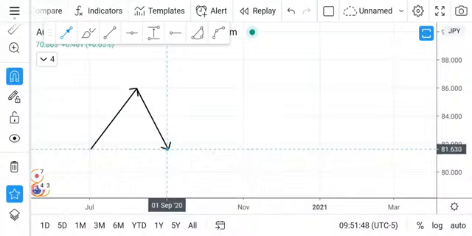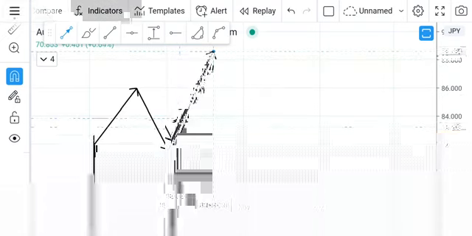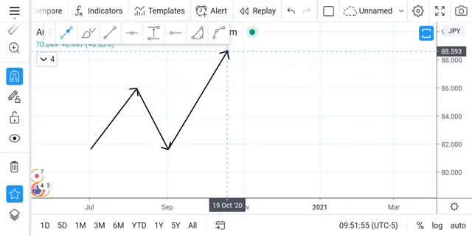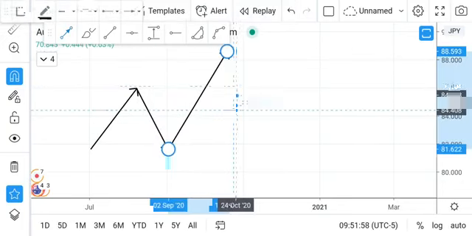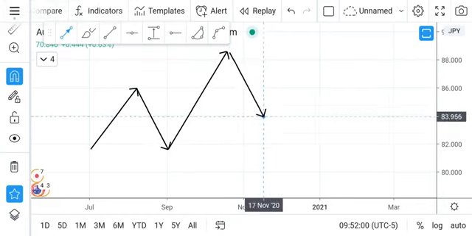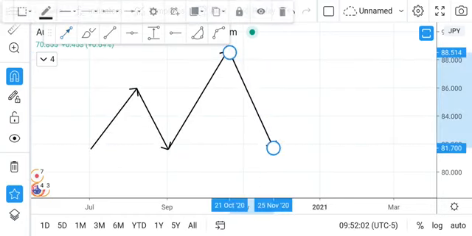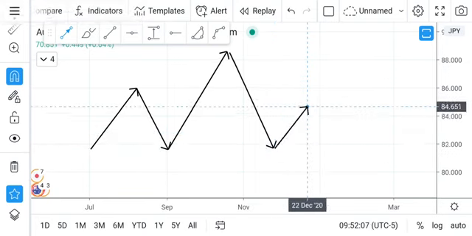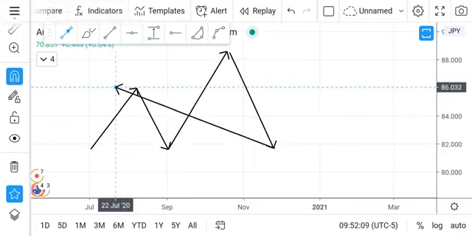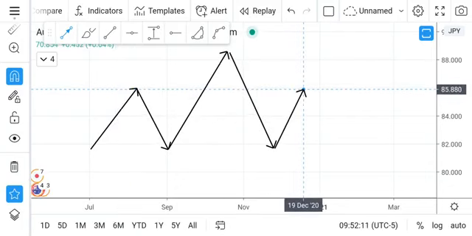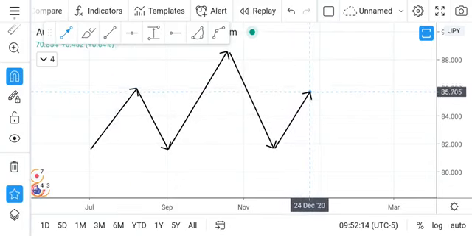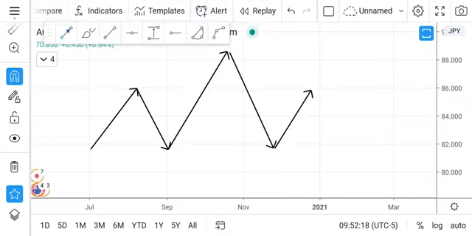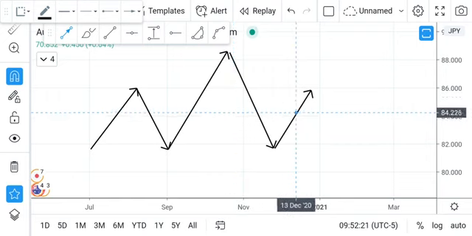Then buyers will push it back up again higher than this previous one, and then sellers will take control and push it back down to this level. Then buyers will push it back up to the level of this high over here, or a little bit lower, because if it's higher, it means the chart pattern is being invalidated.